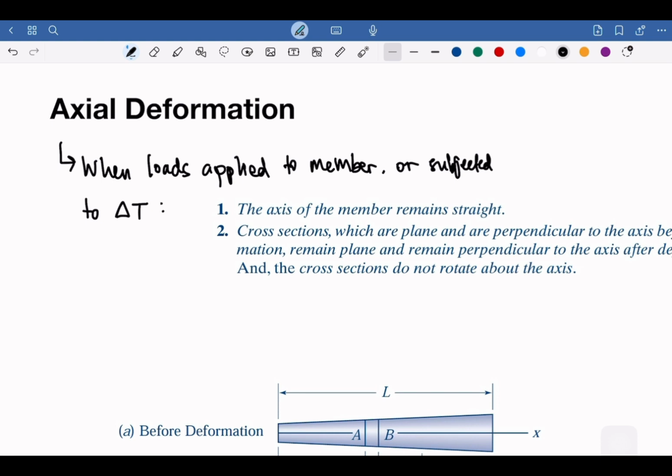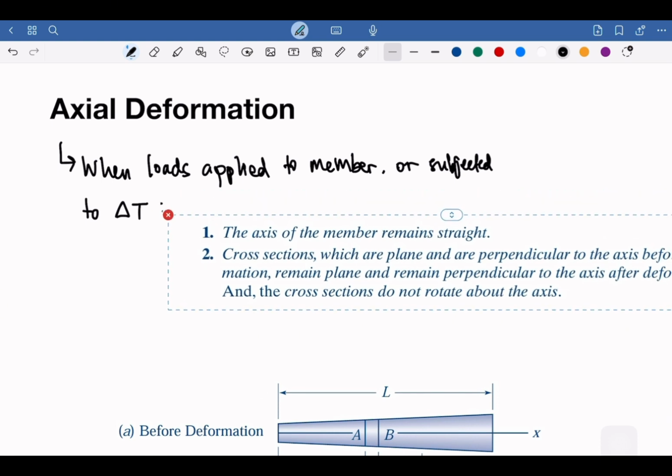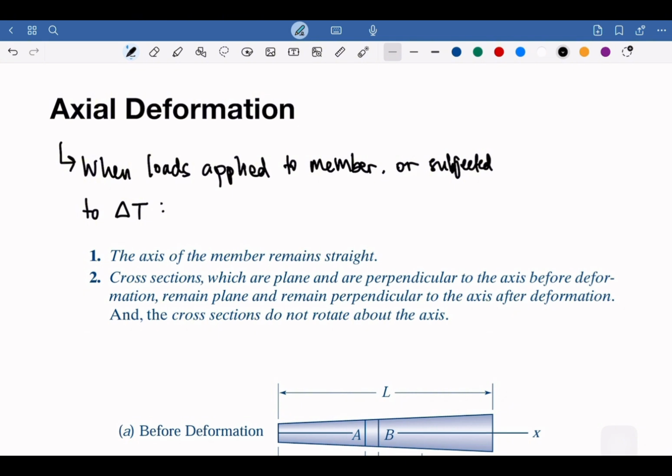The axis of the member means the structure member. The axis of the member remains straight, and then the cross sections, which are plane and are perpendicular to the axis, will remain a plane.